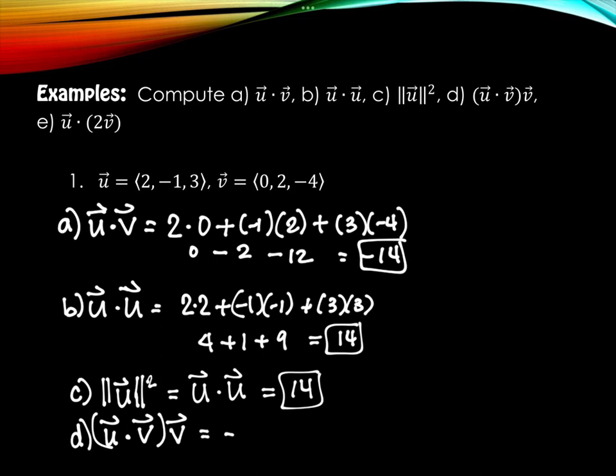So this first piece is actually negative 14. And now I've got negative 14, a scalar, times the vector v, and I will just multiply each of the components of v for that to happen. So the first one is multiplying by 0, that's 0. The next one's negative 28. And the last one's 56. At least it is if my notes are right. Does that work? Good.